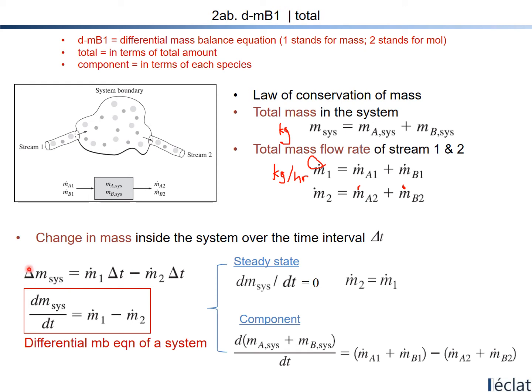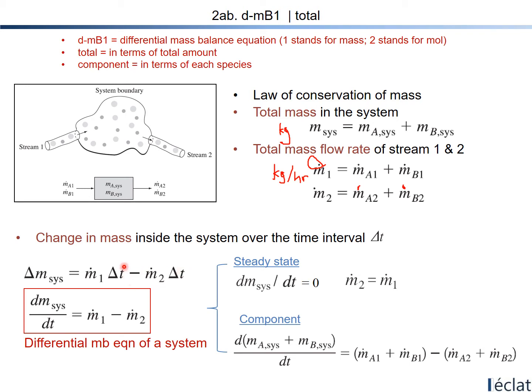So let me say delta m of the system is equal to m dot 1, the mass flow rate of the input stream, times delta t. The unit of this product is kilograms. This is the input, minus m dot 2, the mass flow rate of stream 2, times delta t. That is the amount of output.